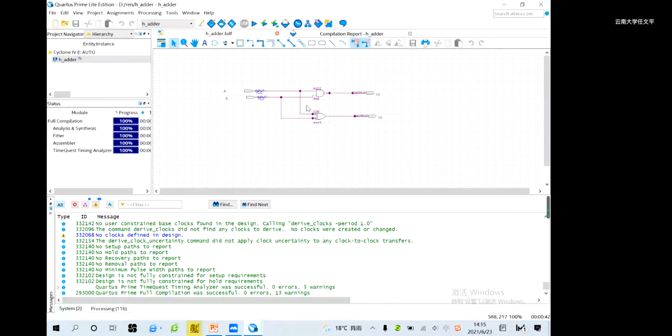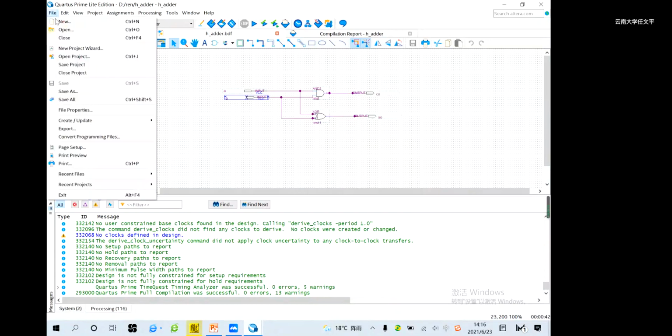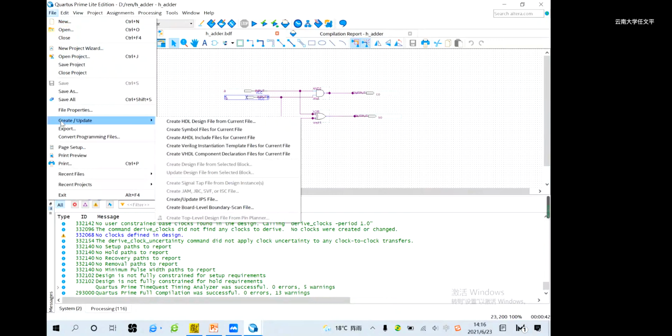This circuit, I will create the symbol for this circuit. Look at the step. File open. Find this menu.